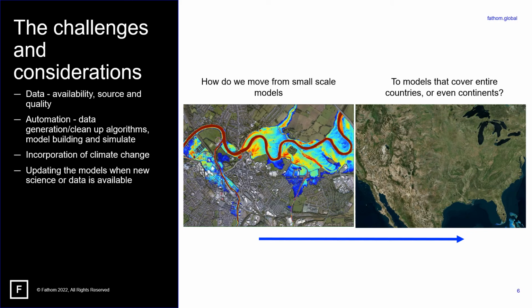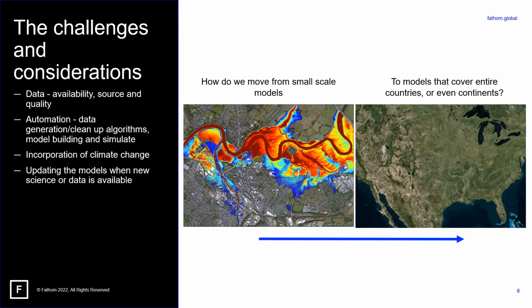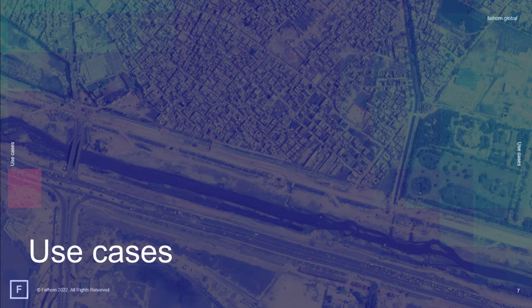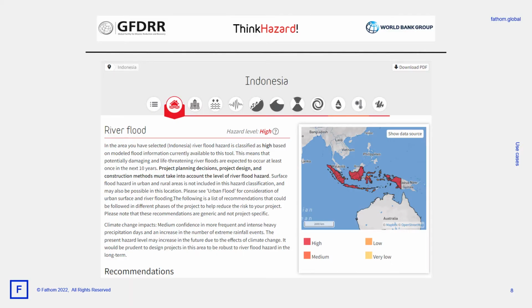So what I'll do now is come on to some use cases to explain the why and the how in a little bit more context. The first use case I'm going to talk about is Think Hazard. So this is the World Bank's Global Facility for Disaster Reduction and Recovery website, and it provides a general overview of different hazards, so cyclones, earthquakes, etc. And this website should be considered in project design and implementation to promote disaster and climate resilience, basically.